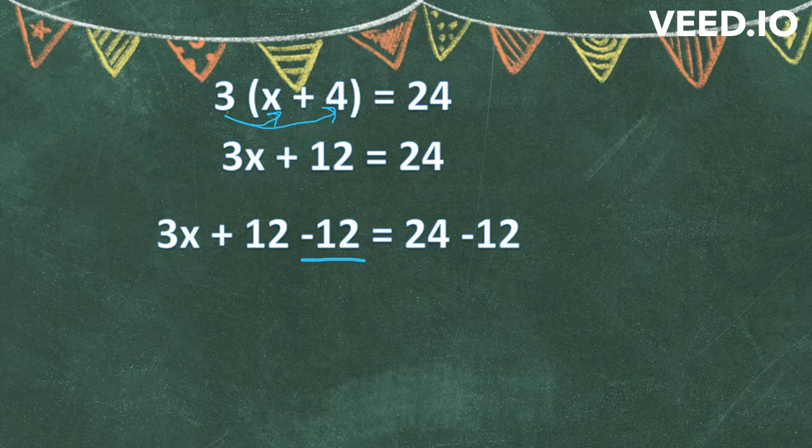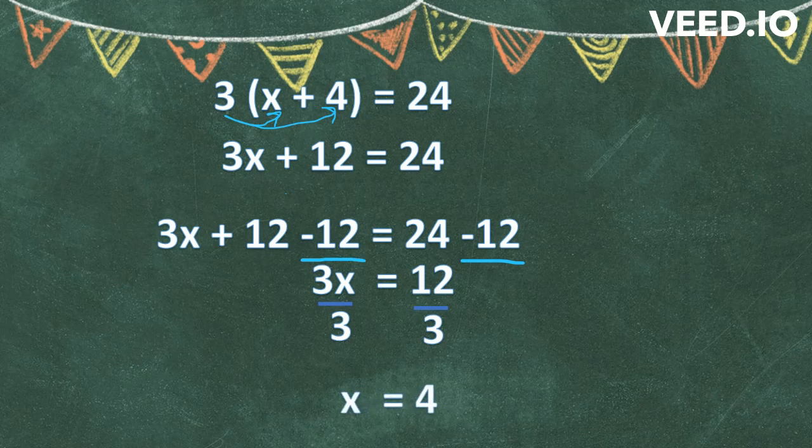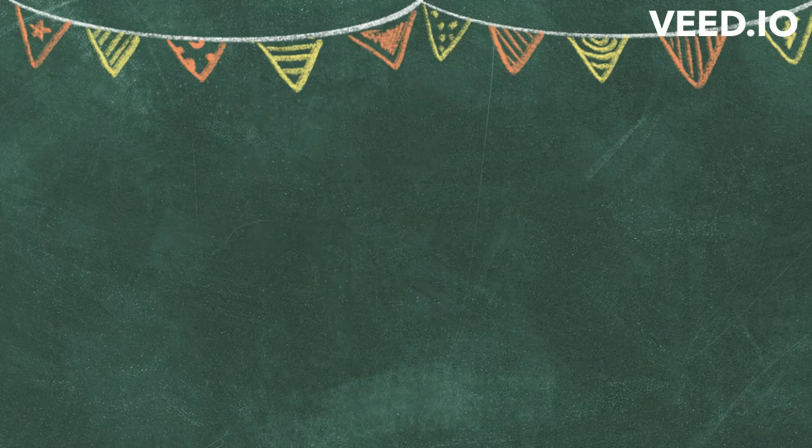So let's do minus 12 on both sides so that we will be left with 3x only on the left hand side and 12 here. Let's divide the whole equation by 3 so that we will be left with x on the left hand side. That is our final target. x equals 4.